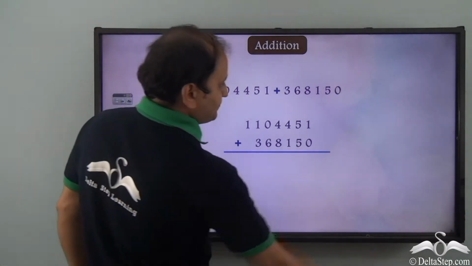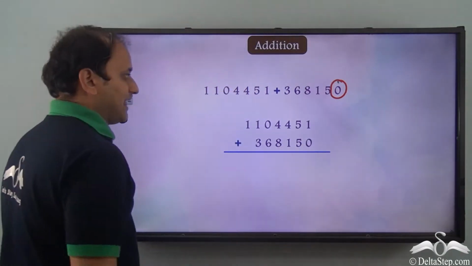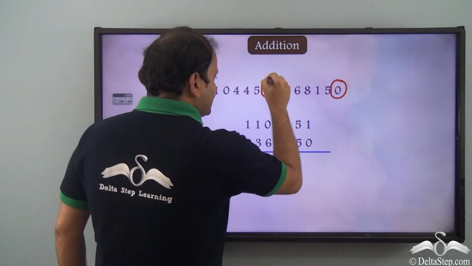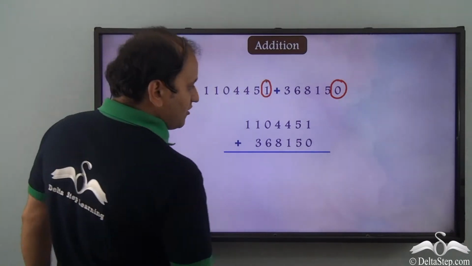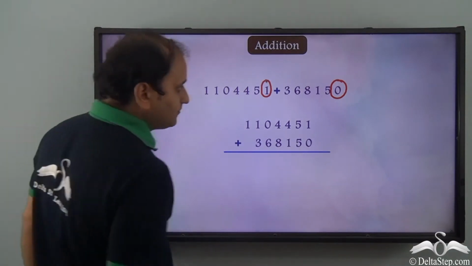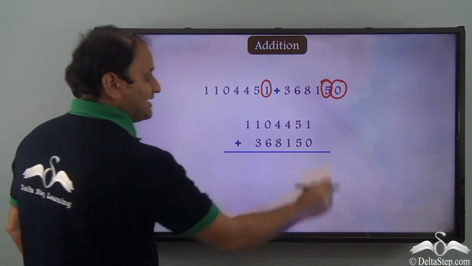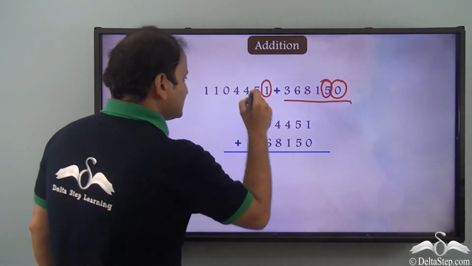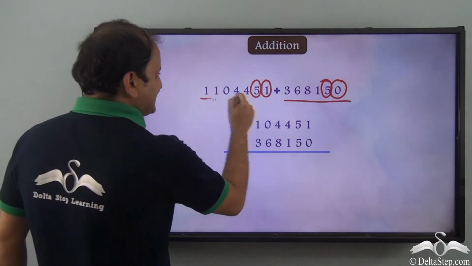So let's see. Here 0 is in the units place for this number and 1 is in the units place for this number. So what we do is we place 0 just below 1. Similarly, 5 here is in the tens place for this number, and here too 5 is in the tens place for this number.